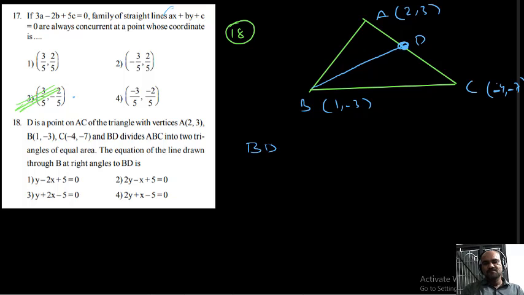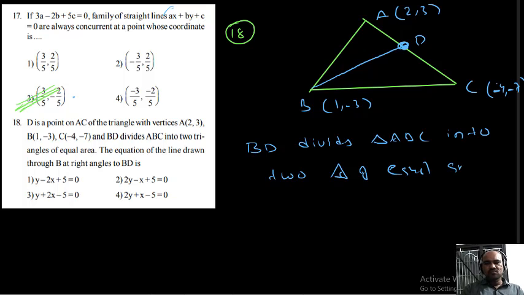BD divides triangle ABC into two triangles of equal area. That means BD is a median.